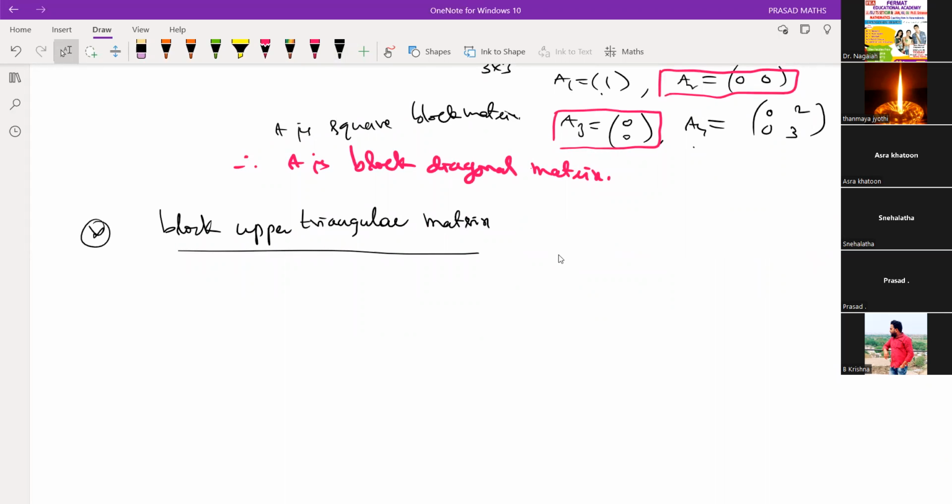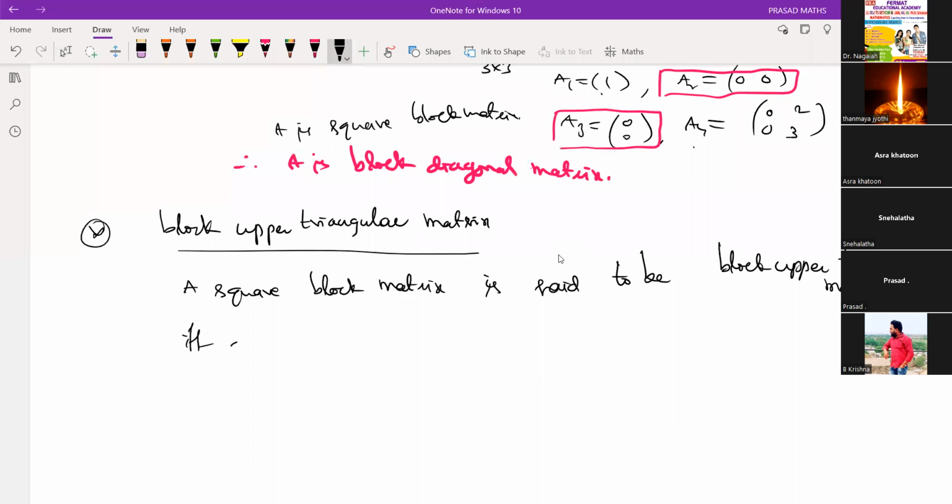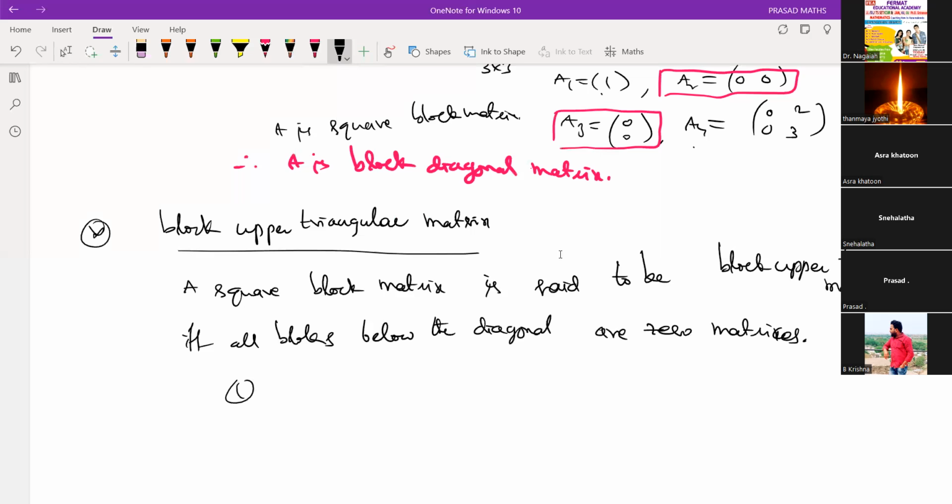A square block matrix is said to be a block upper triangular matrix if all the blocks below the diagonal are zero matrices.